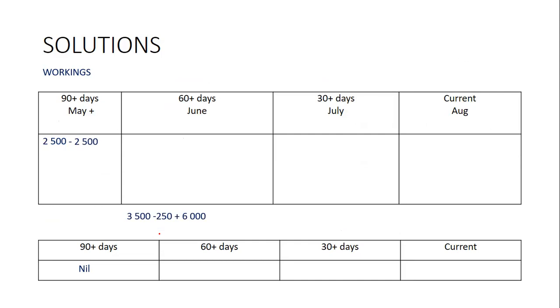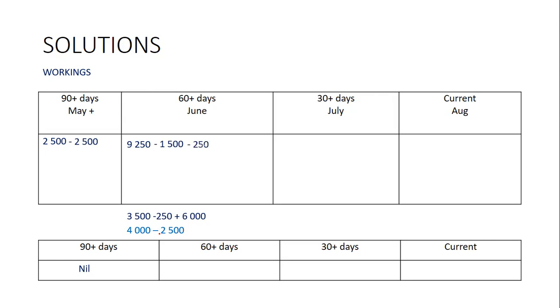So her purchases for June were 9,250. But remember, she paid 4,000. So that 4,000 was distributed to 2,500 that she owed in May. So how much of that will be allocated to June? It'll simply be 1,500. The final amount that is allocated will be the one that goes with the discount.